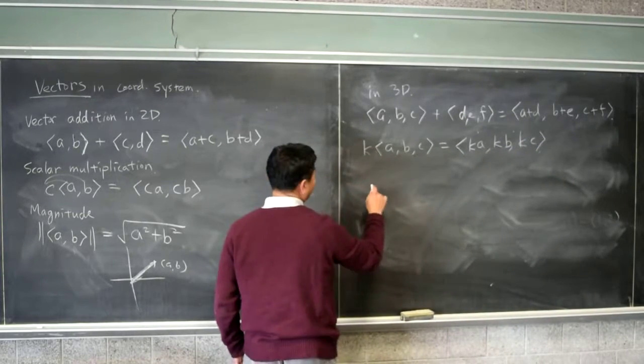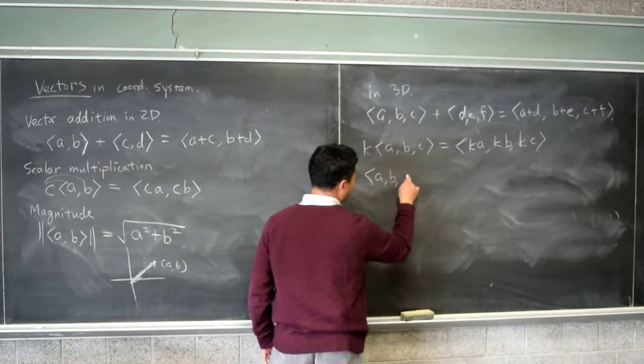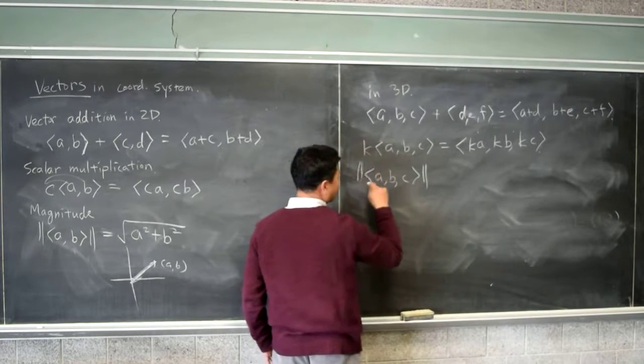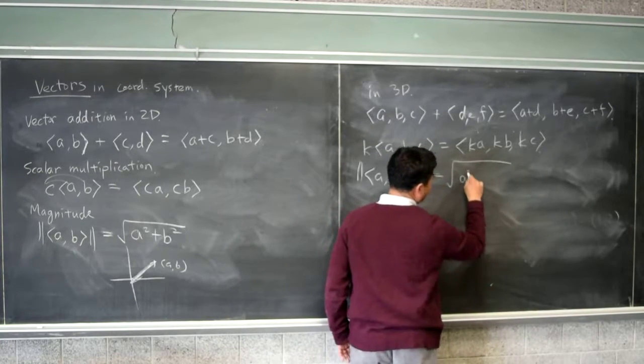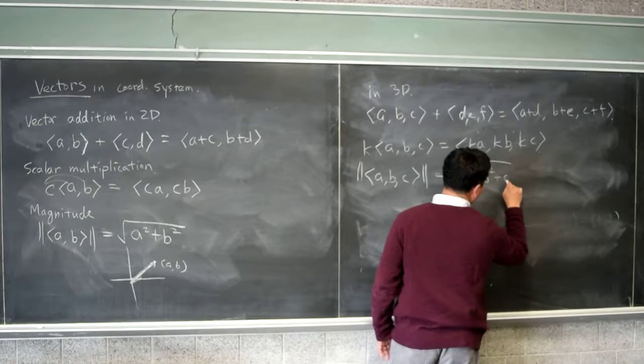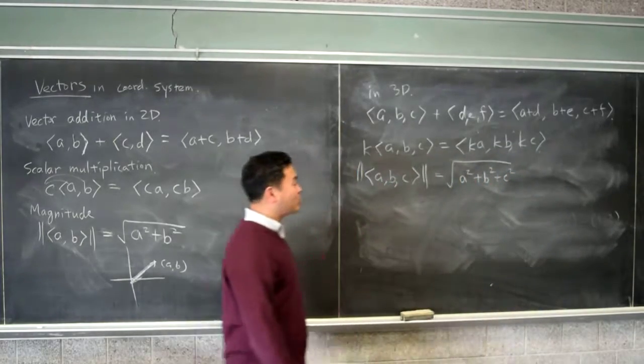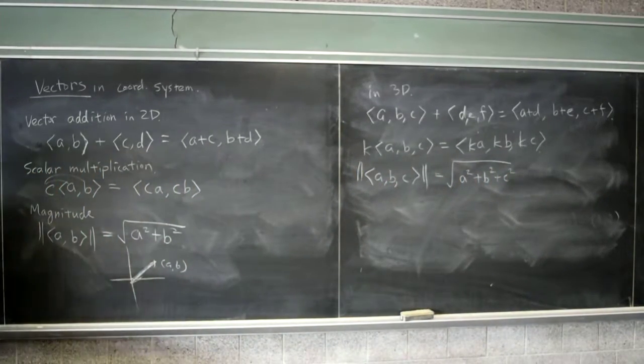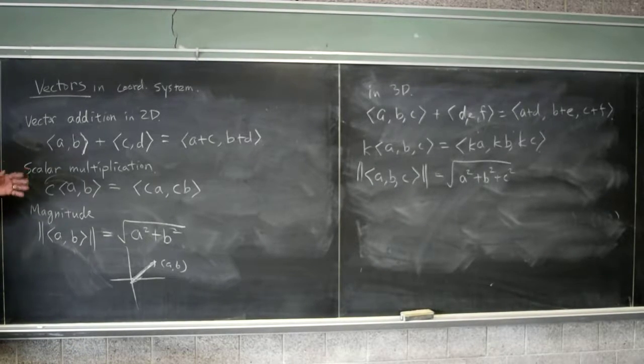And then if you want to have the magnitude, you square all the components, add them together, and take the square root. So you can see how they correspond.